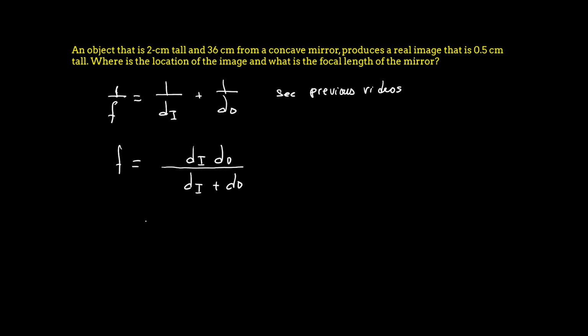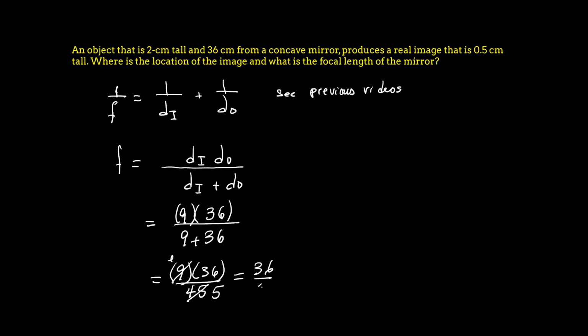So now, D sub I is 9, D sub O is 36, over 9 plus 36, which is 45. So here and there gives me a 5 down here. So I get 36 over 5, or 7.2 centimeters.